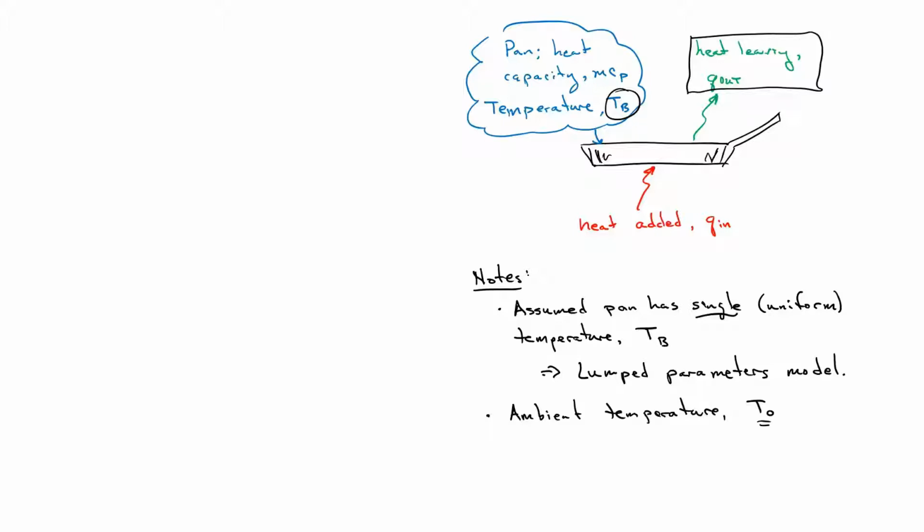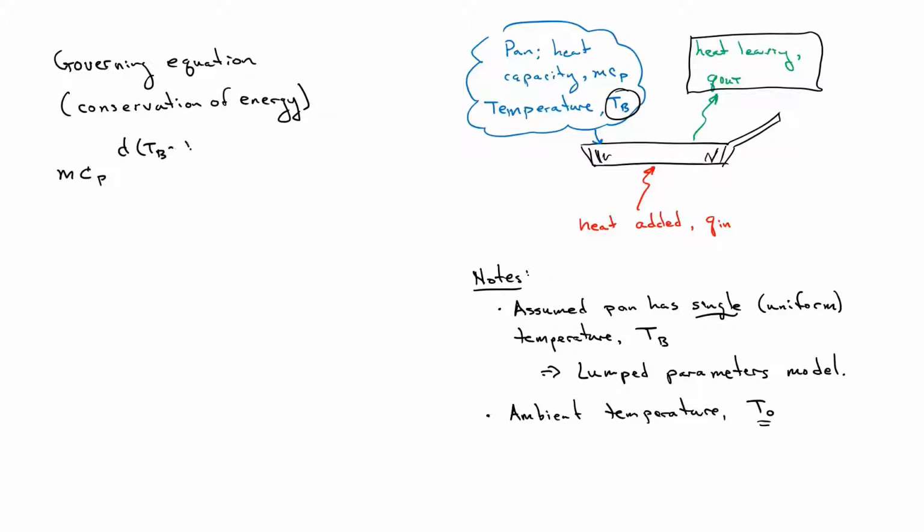The equation governing this, and this comes from a conservation of energy, is the change in the pan's stored heat, which is the heat capacity, m c sub p, times the rate of change of the temperature of the pan minus the ambient temperature with respect to time. So this term here is a change in the pan's stored heat.